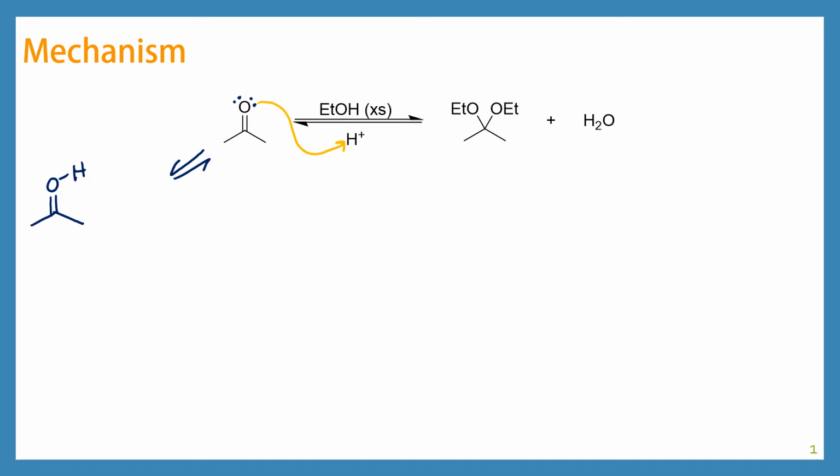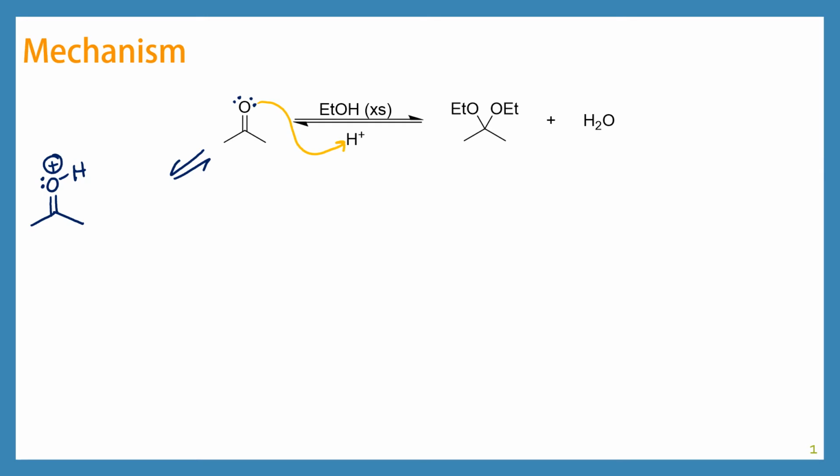And what I mean by that is we took a pair of electrons and we created a bond to a positively charged atom. So we took a neutral and a positive together. That means our next structure should be positive. So our oxygen still has one lone pair, but it lost one of them to the bond to the hydrogen, which makes it positively charged.